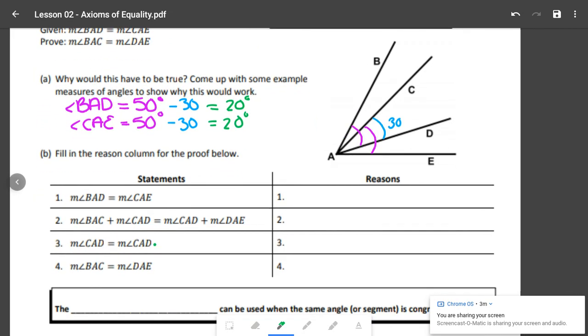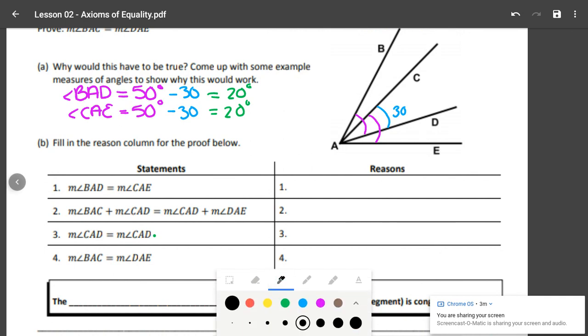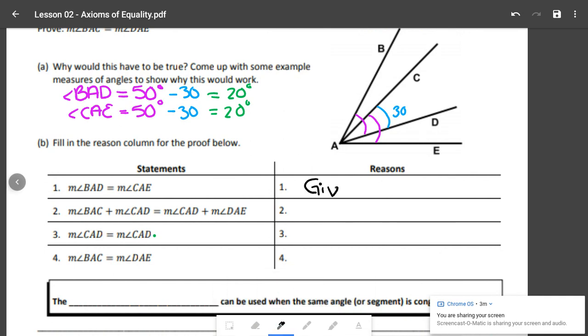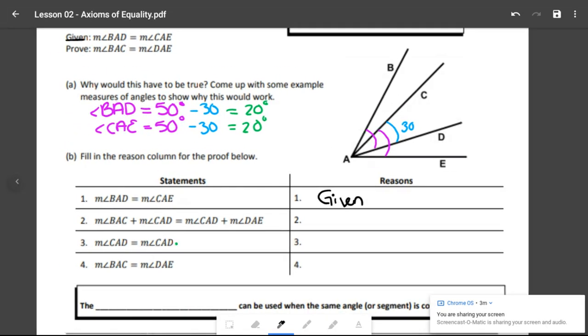So let's try to put it all together. So again, whatever we start with is known as our given. It's exactly what was told to us when we started this statement and reason table. If we had BAC and CAD equal to CAD and DAE, it's because the parts add up to the whole.